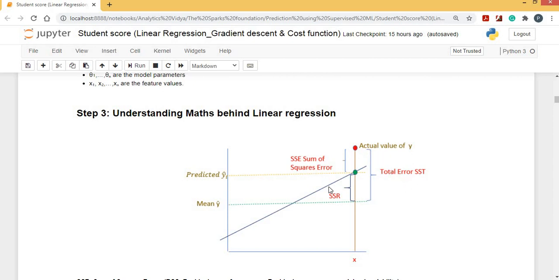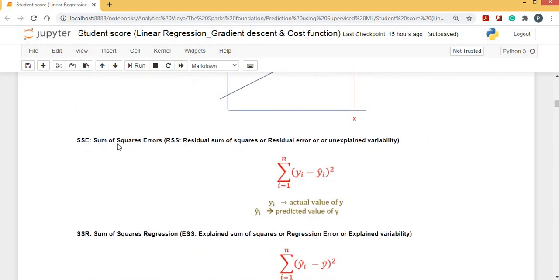Now let us understand all these three parameters. Firstly, SSE is called the sum of square of errors, which is the distance from yi, the actual value, to the predicted value. So it is the sum of square of the distance between them.